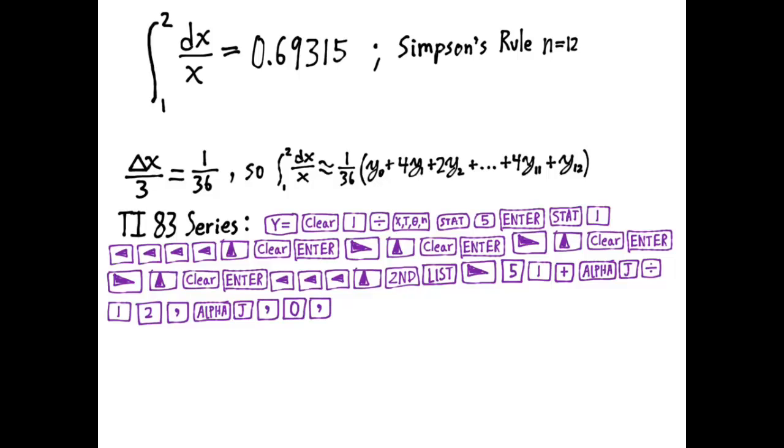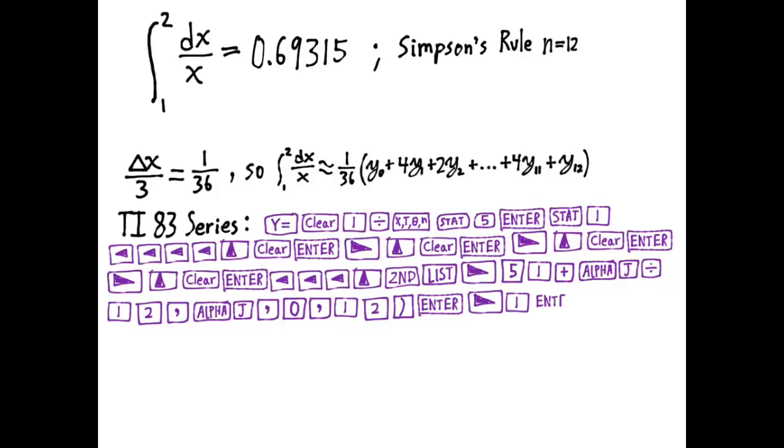So comma 0, comma 12. After you have entered that and put the close parenthesis, hit enter, and you'll see that the list becomes populated by the 13 values of x. Just to check that this really is correct, scroll down to the bottom of the list and you'll see that the last element should be L1 of 13 and it should be equal to 2.